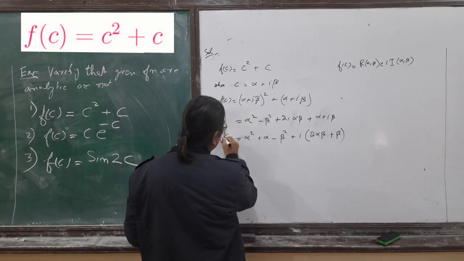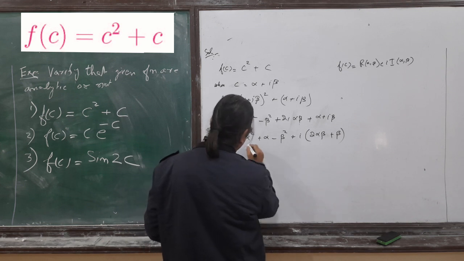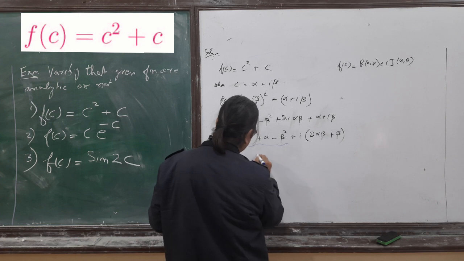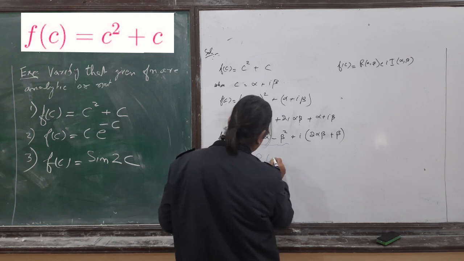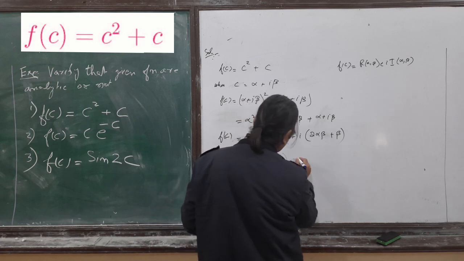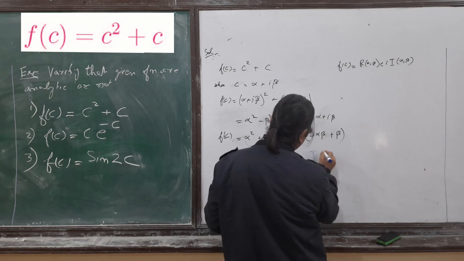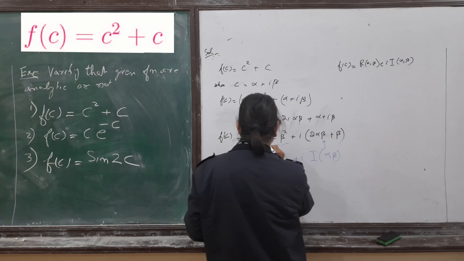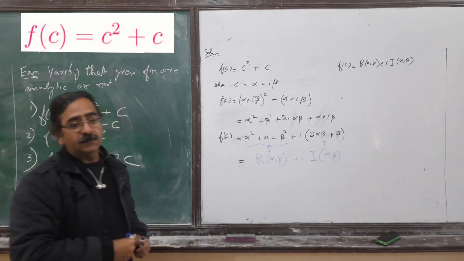So this is f(c), and this is R, and this is I. Okay.